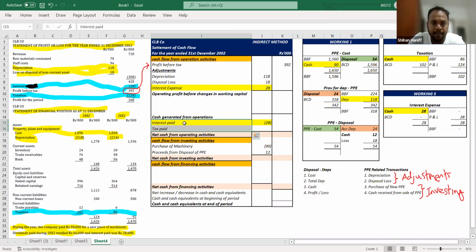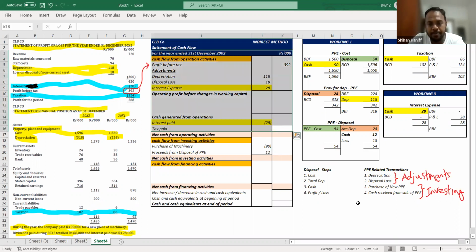The reason is in the cash flow standard, it is allowed to take the interest paid either in the operating activities or in the financing activities. So that is why we have taken here. In most of the questions, we take the interest payment under operating activities. All right.